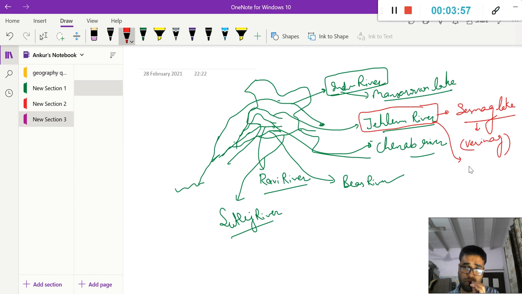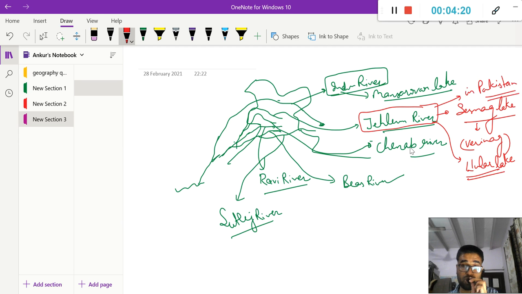This river, Jhelum River, flows through Wular Lake. This also has to be remembered, Wular Lake. And Jhelum River meets the Chenab River in Pakistan.